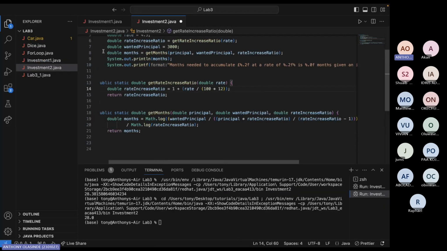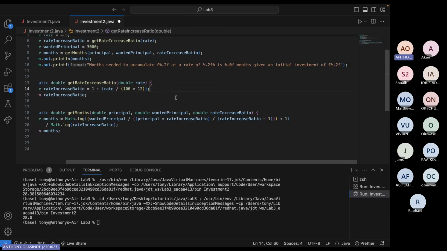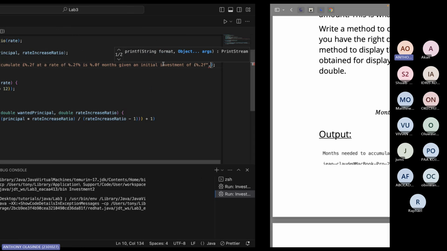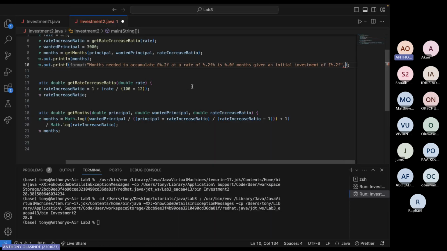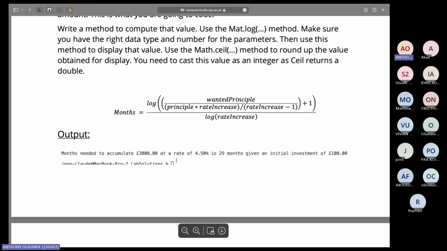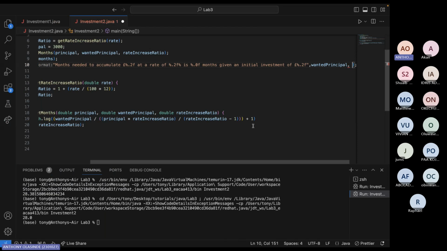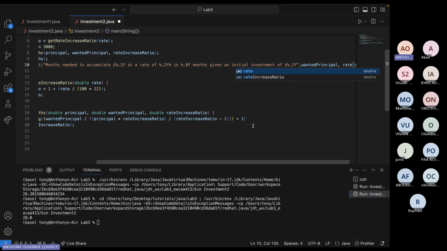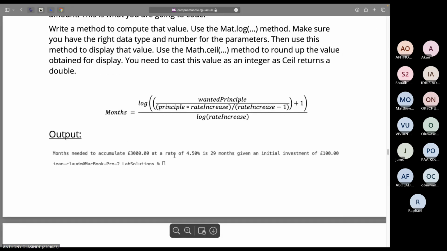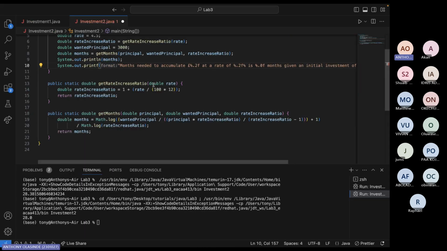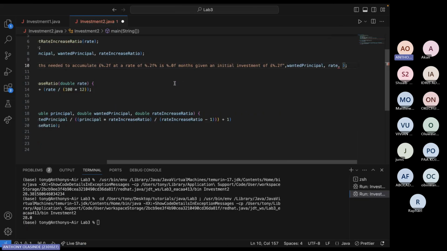So let's slot in the values. The first value is months needed to accumulate, that's the principal, the wanted value. So wanted principal, then at the rate of 4.5, that's rate, is 29 months. That's the months we calculated, right?